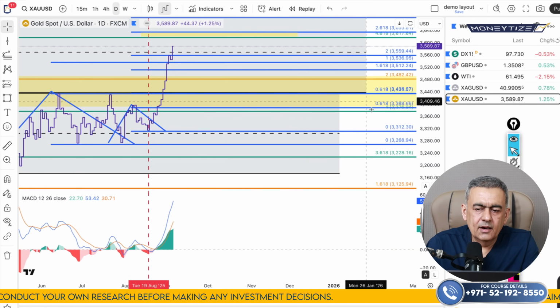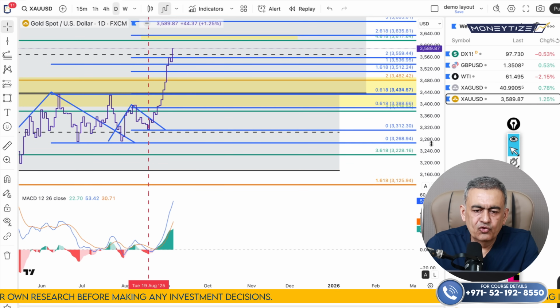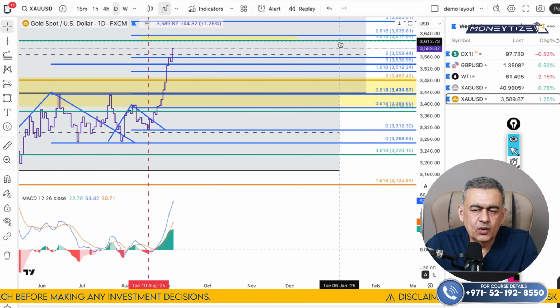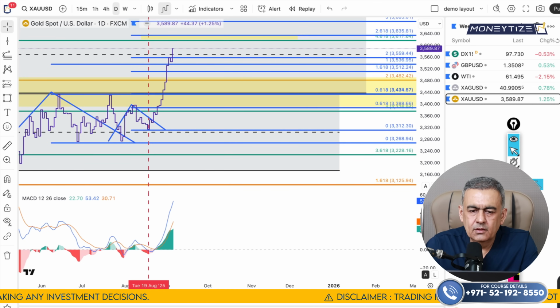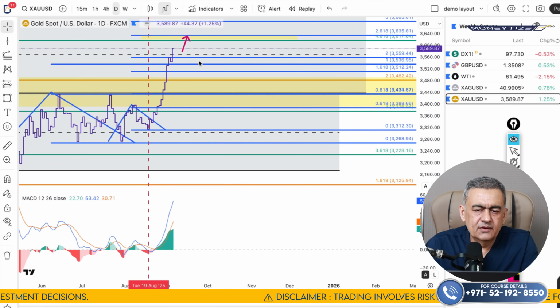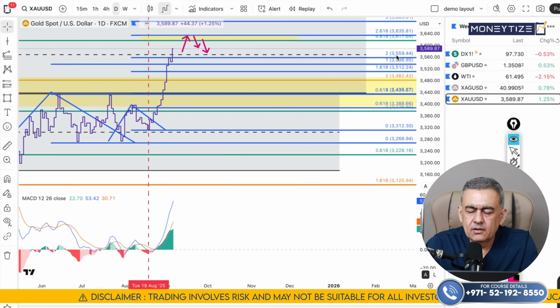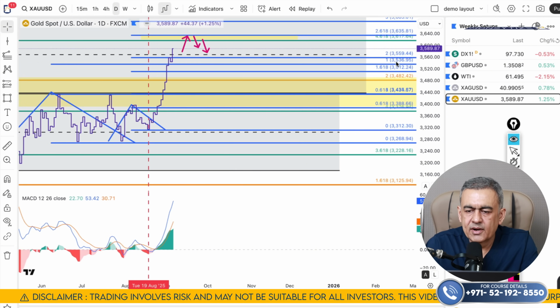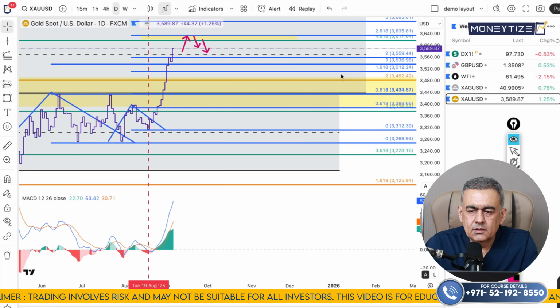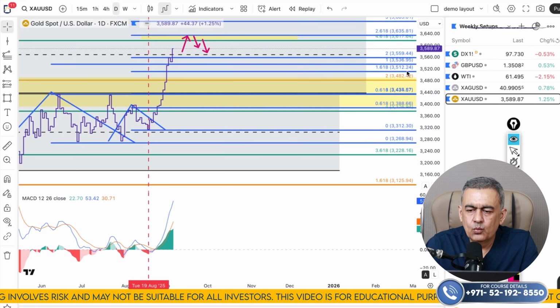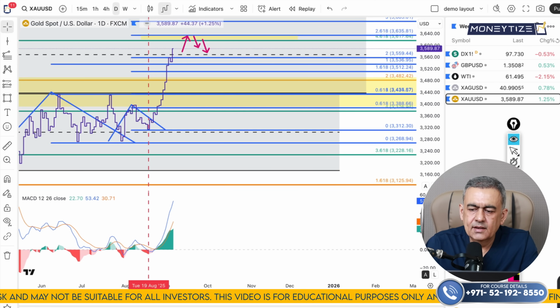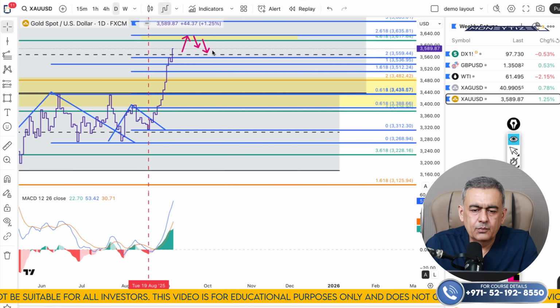When the market reopens on Monday, most likely it can rally towards 3617 to 3635, complete the target, and then we can expect some pullback, and the pullback could be towards 3559 followed by 3536. Then we have 3512. So 3512 to 3559 is a cluster of support.